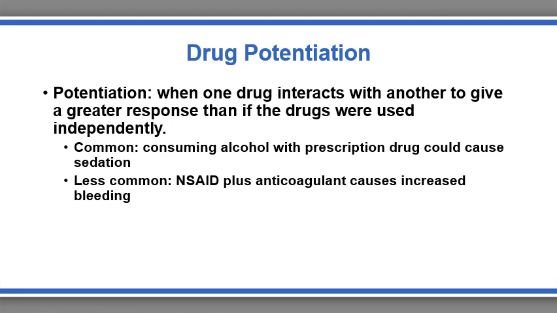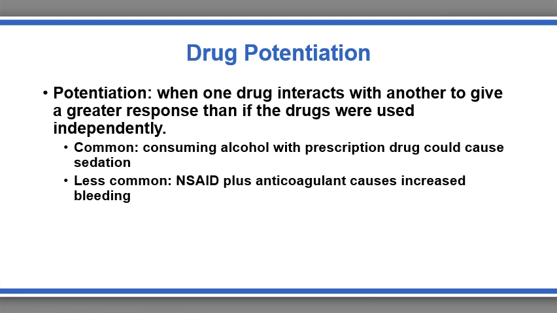Less common is an NSAID plus an anticoagulant, which could potentially increase bleeding, because of the effect that NSAIDs have on the coagulation of blood. So those are some things you want to look at.